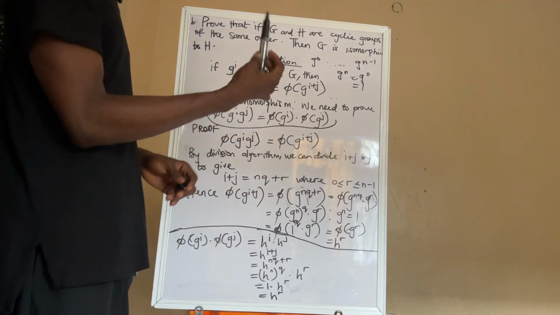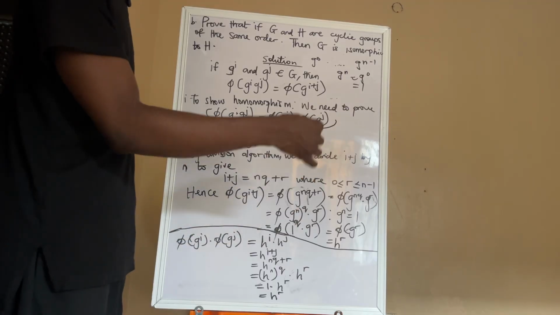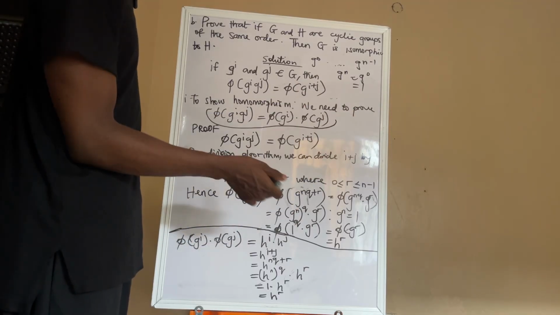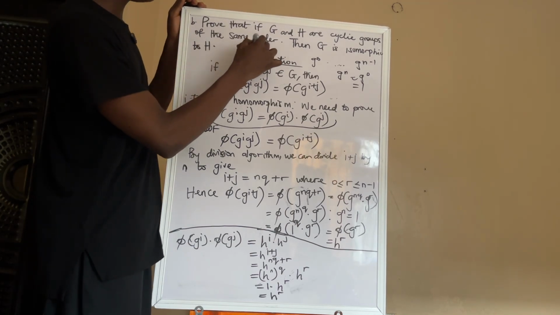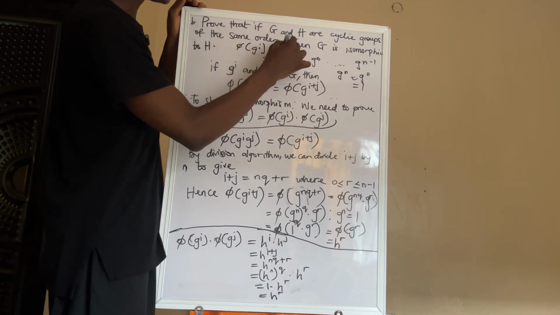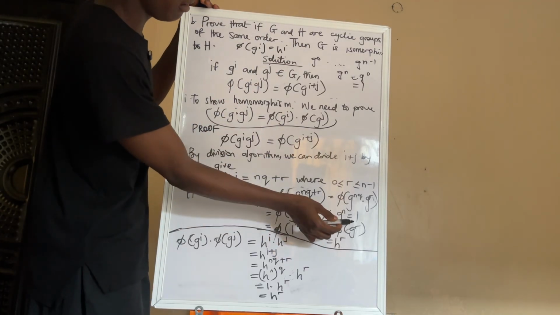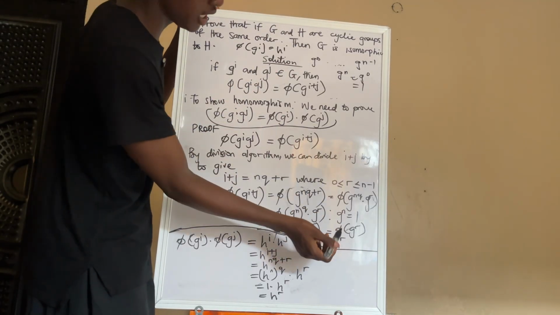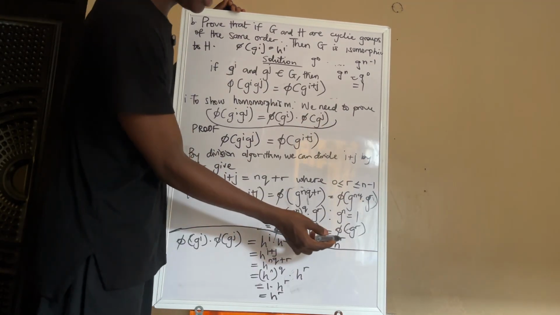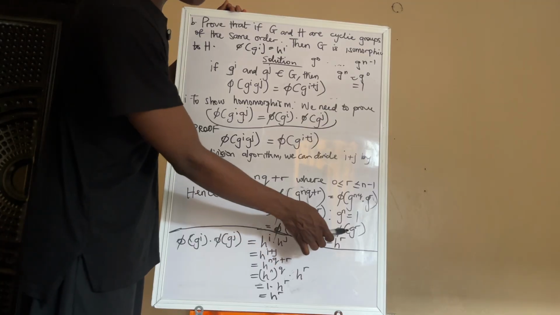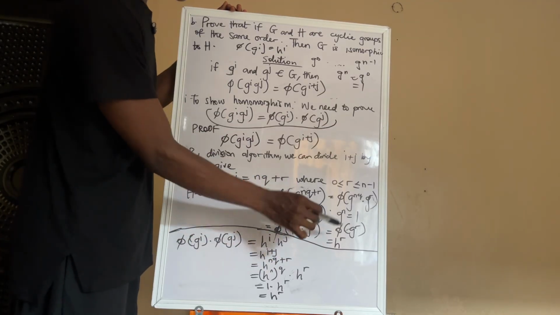And since we know that phi of g^i is equal to h^i, like we did in the previous page, that's what we defined the map to be. I keep saying g i; when I say g i, I mean g raised power i. So when I say g r, it means g raised power r. So phi of g^r is equal to h^r. Now we've simplified this side to get this.